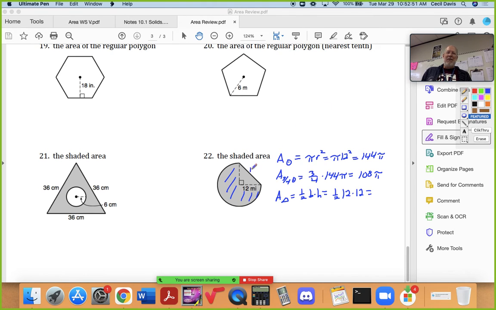This is 12 square roots of 2, but that doesn't change anything. I thought that it meant area. Yeah, the Pythagorean theorem doesn't find area for you. So this is going to be 72. So then it's 108 pi plus 72 square miles.